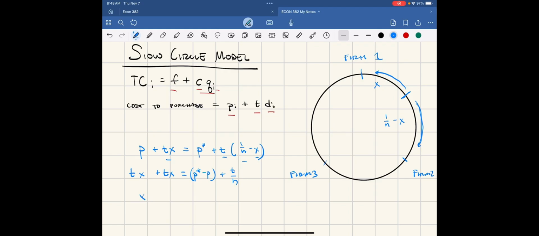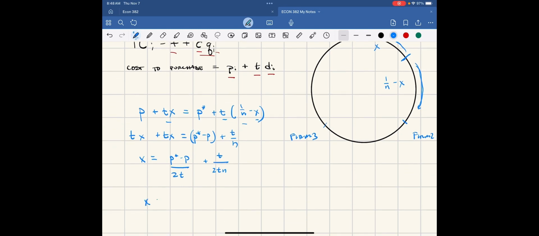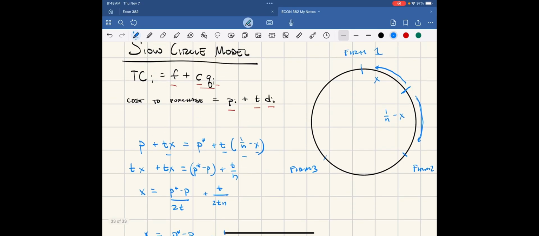So I get 2Tx, so x is going to equal P star minus P over 2T plus T over 2Tn. Those T's will cancel, so x is P star minus P over 2T plus 1 over 2n. So that's the quantity that, in a sense, firm 1 will sell from this part of the circle right here. But that's the indifference point between firm 1 and firm 2.